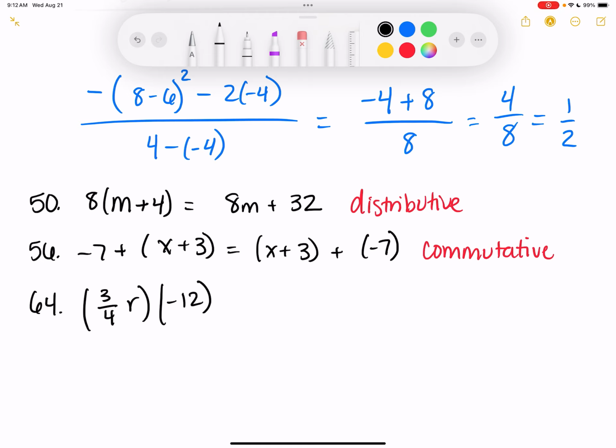So how do you simplify it? No, technically, yes, you're using properties, but that's not what this is asking. Everything you do in math technically uses a property, but we don't look at it like that.